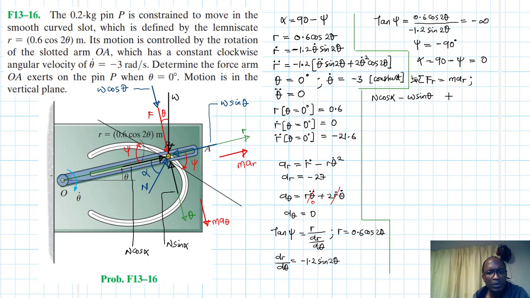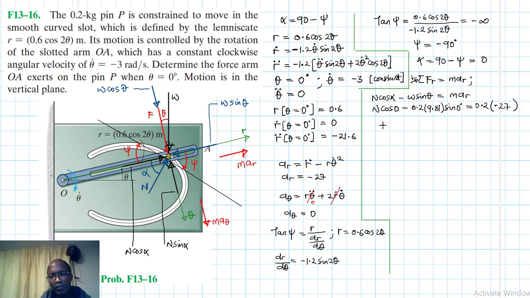That's about it, and this is just equal to m a r. Therefore, this is cos 0 minus W, which is just mg, 0.2 by 9.81 sine theta, which is just 0 degrees. Then this is just equal to 0.2 times a r, and our a r is just minus 27.